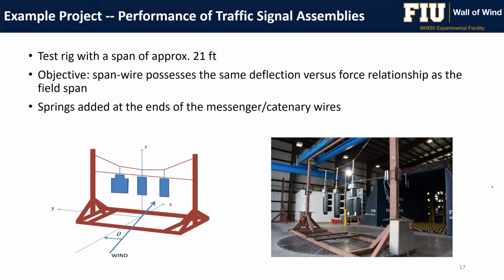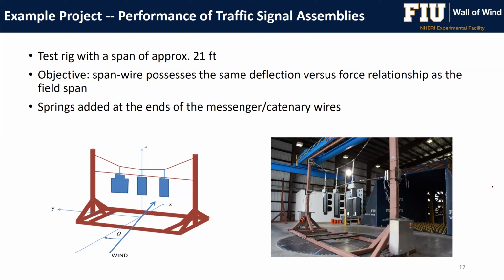And at the wall of wind, we came up with an approach. The first phase was to build a test rig that we can mount on top of the turntable in order to rotate the test frame and examine different wind directions. The disadvantage of doing this was that we had a much smaller span length compared to what happens in reality, where the typical span is 80 feet to maybe over 100 feet.